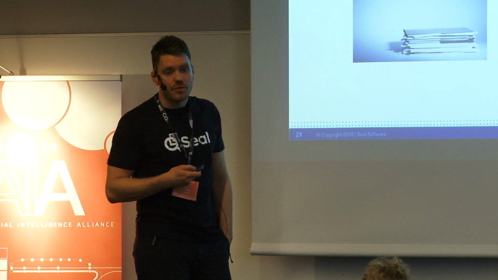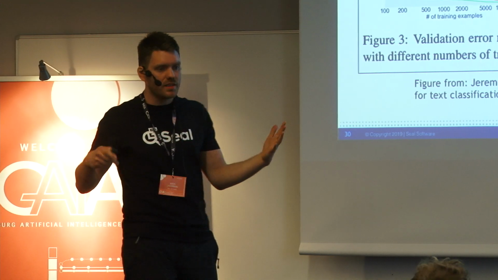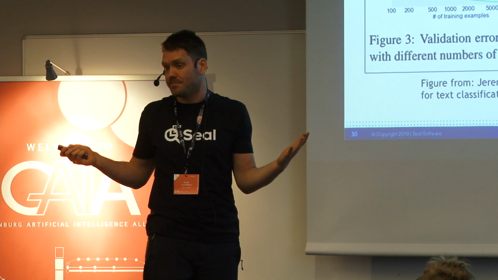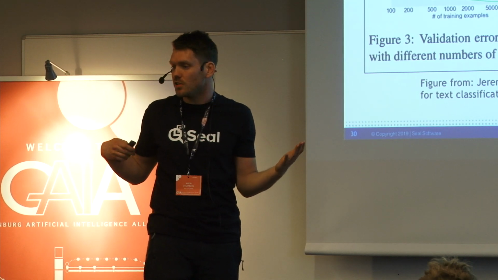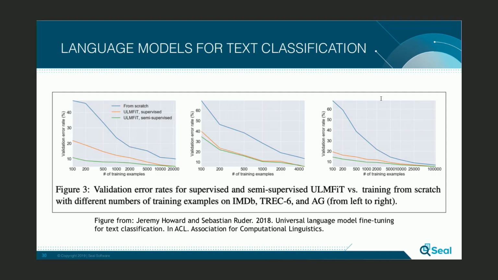And one of the motivations for using this is the following. Annotating data is expensive, and you want to annotate as little as possible in order to get good models. So this is 3 graphs, but let's just focus on the first one. Basically, this is taking the language model classification architecture, and the blue line is when you don't pre-train it on unsupervised data beforehand.